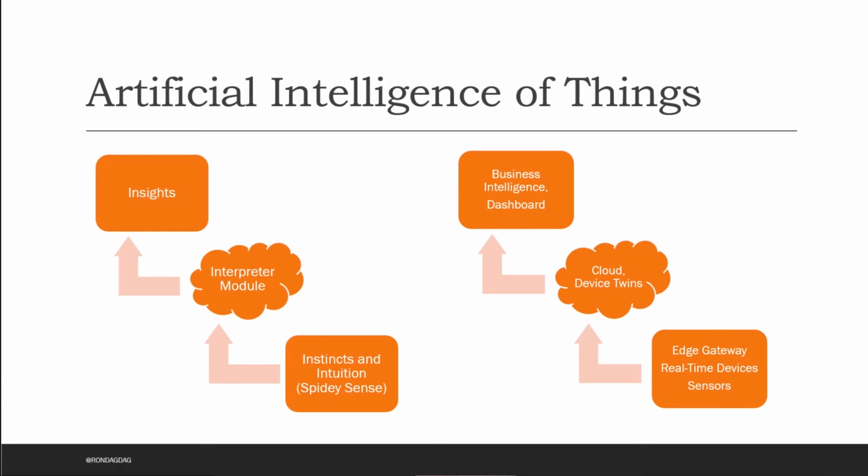Would it be part of the edge gateway, meaning at the edge or closer to the user, closer to the sensors, right? The real-time devices, where you have the sensors. Would you do your processing of anomaly detection there? It could also be through the cloud, right?